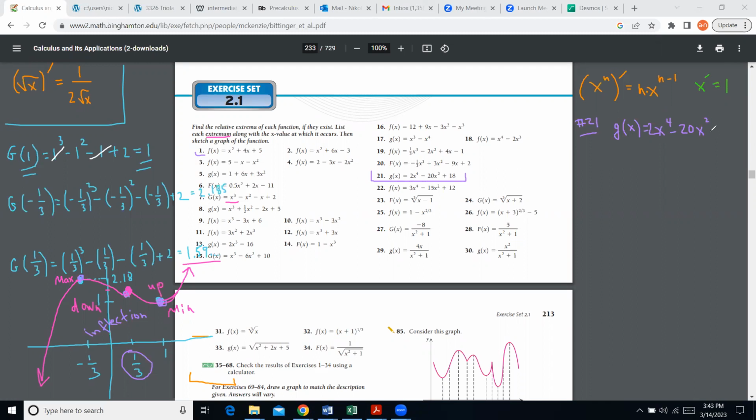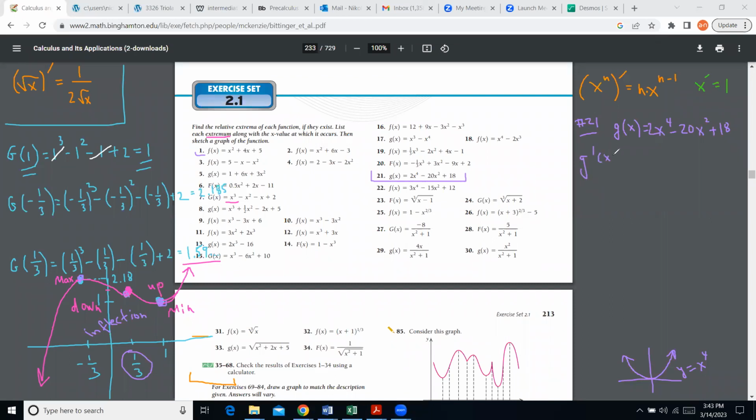And then plus 18. So this is a fourth degree function. And it's similar in shape to the parabola x squared, but that's x to the power of 4. Turns out that all even functions have similar shapes.